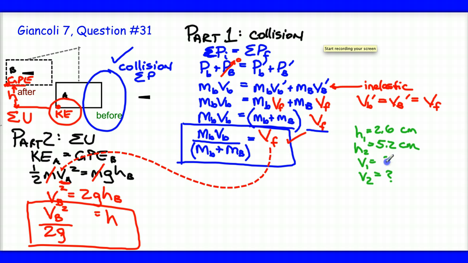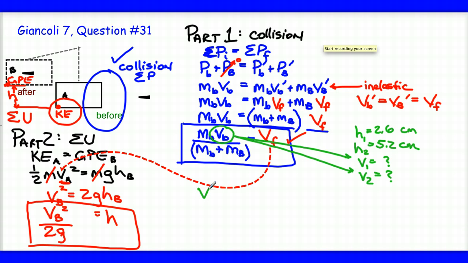So we don't know either of these two. But what we can do is we're basically solving for the velocity of the bullet. In other words, let's go ahead and rearrange this expression for the velocity of the bullet, and that's going to be our expression for these two, V1 and V2. So if I do that, I'm going to get something that looks like this.